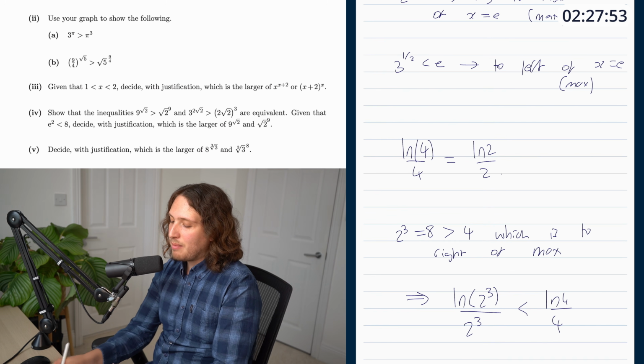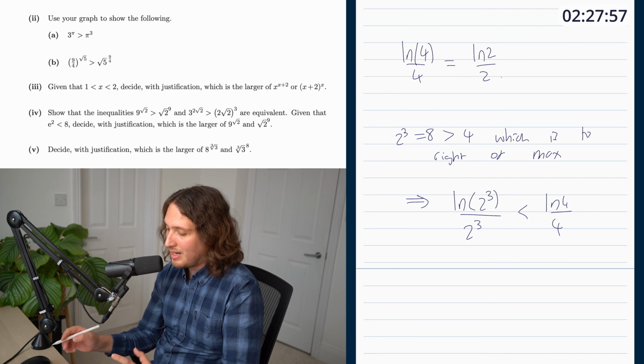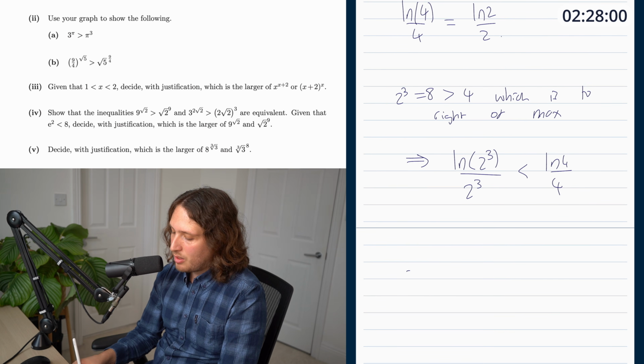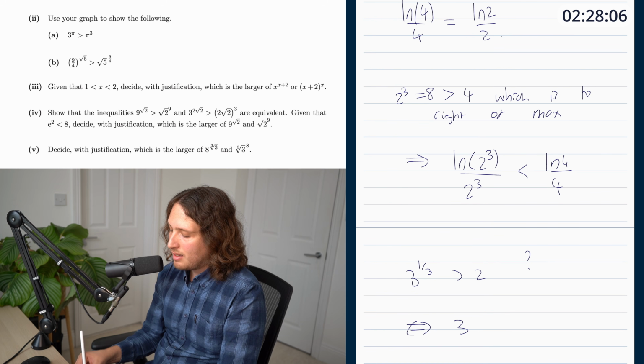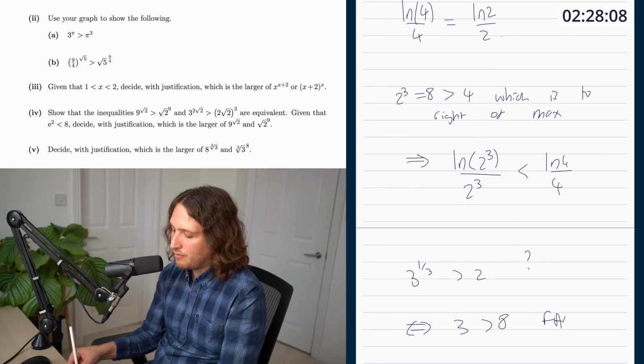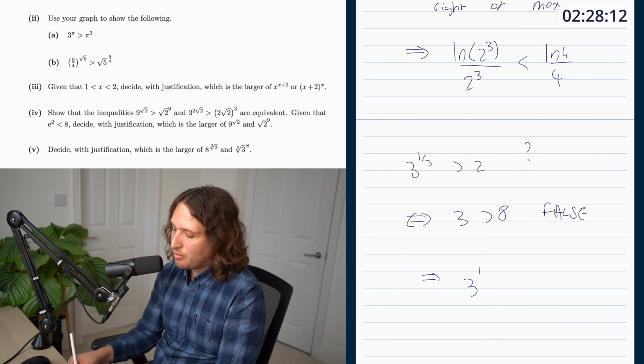Now, I'm going to try and compare the other guy to ln 2 over 2 because I know from earlier it's secretly the same thing. So the cube root of 3 being bigger than 2 would be equivalent to 3 being bigger than 8, which is false. So that means that the cube root of 3 is smaller than 2.